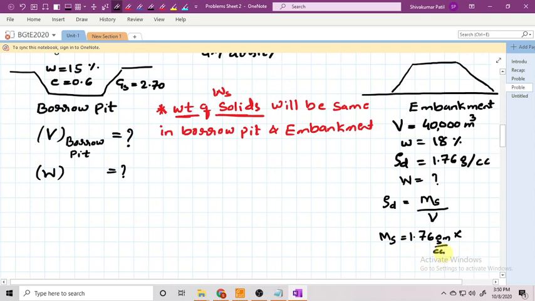How can I convert? This is one relation you should remember: 1 gram per cc is equal to 1 ton per meter cube.